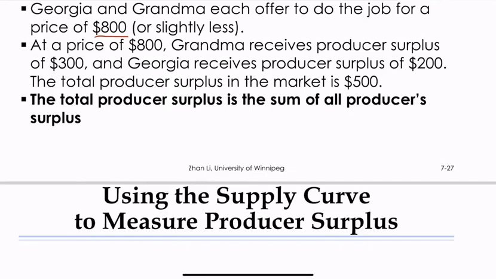Again, through this example, we have two basic results, right? First, producer surplus is calculated as the difference between the price received by the seller and the cost of production from the seller. Second, the total producer surplus is the sum of all producers' surplus.